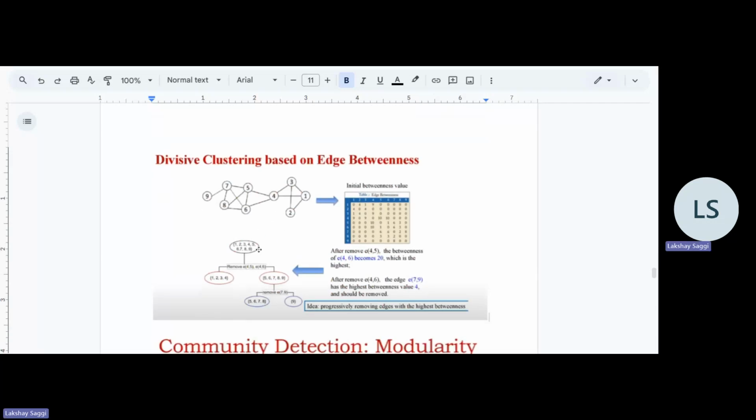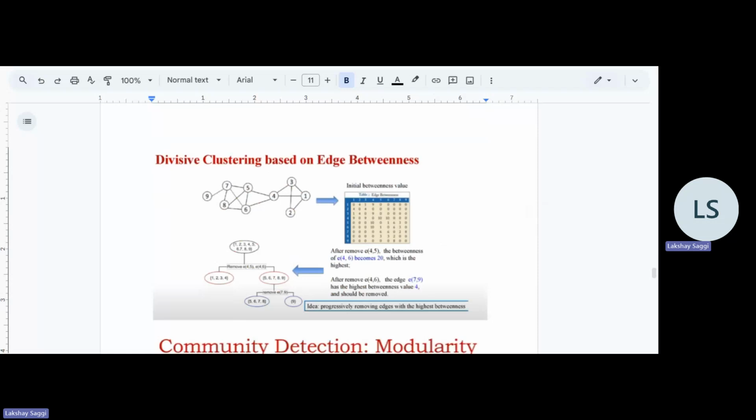You need to use the whole graph information. You need to do computations based on the whole graph, taking into account all the nodes of the graph. Suppose there are a billion nodes, then that becomes computationally very expensive. So even though clustering based on betweenness and ratio cuts are nice ideas, they are somewhat computationally expensive.